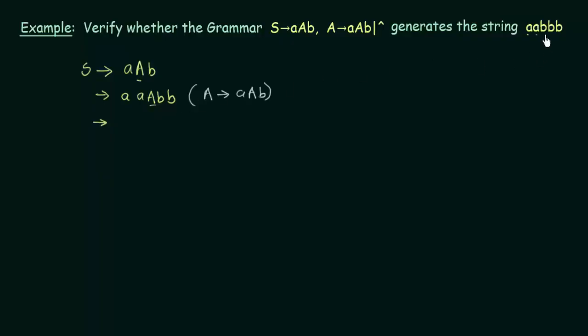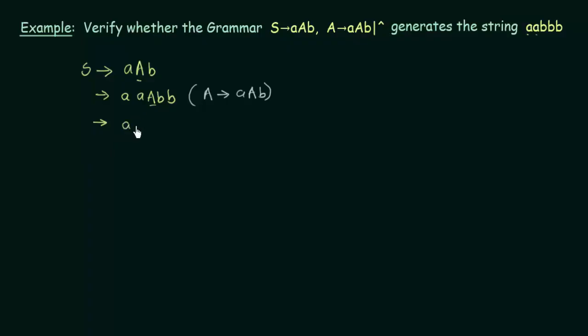Okay, now moving on, I have another variable here, A, and then I got aa, and now what I need is bbb, and I already have two b's here. I just need one more b over here. So in order to do that, the only variable I have here is A, and A can give only aAB and this empty symbol. So if I choose the empty symbol, what will happen?